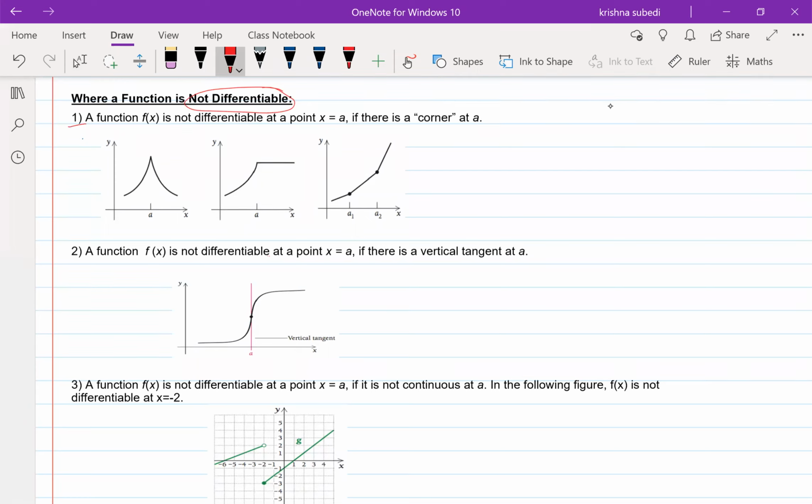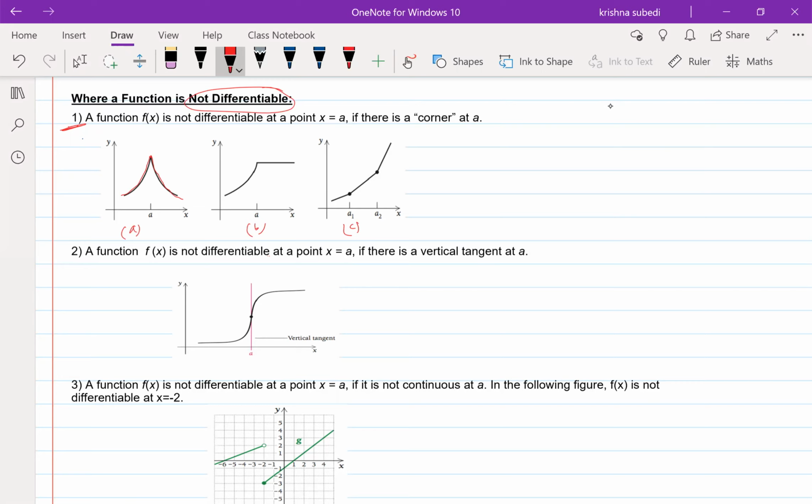Remember, the derivative represents the slope of a tangent line. So when the function has a sharp corner, like in figure A, figure B, and figure C. In figure A, a sharp corner.